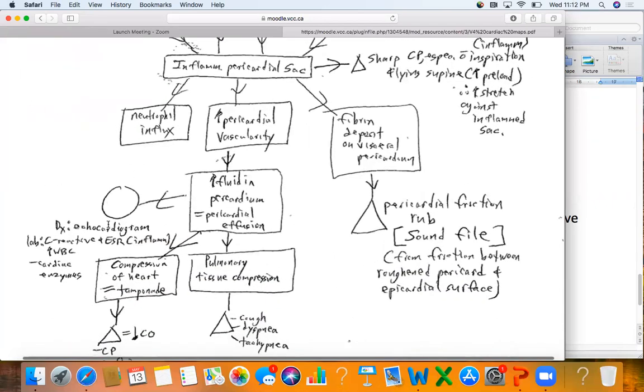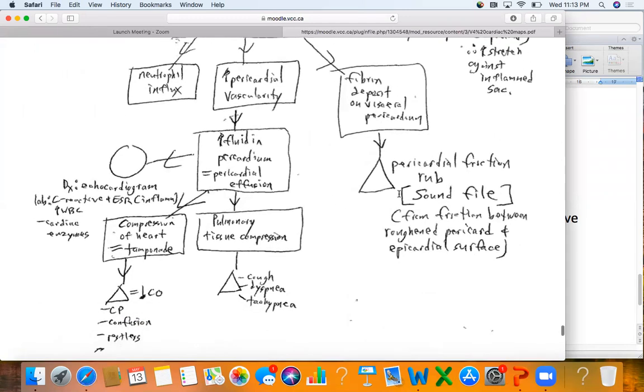So our diagnostics, again, we might be looking at an echocardiogram, lab work, same as above, really. Cardiac enzymes. There's not a whole lot of difference between the different conditions. That being said, don't worry about the friction rub. We're not going to go through that.